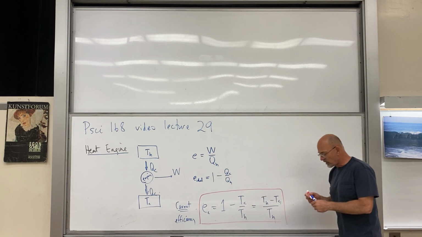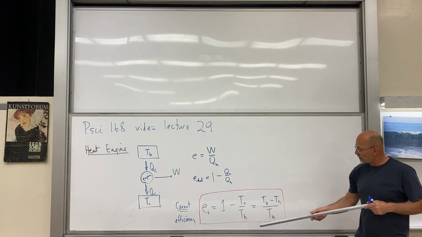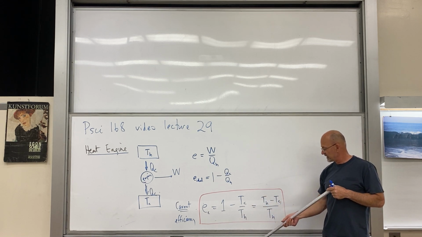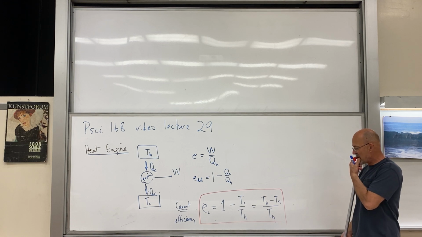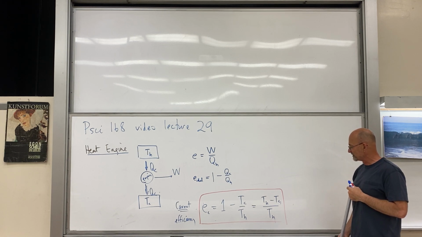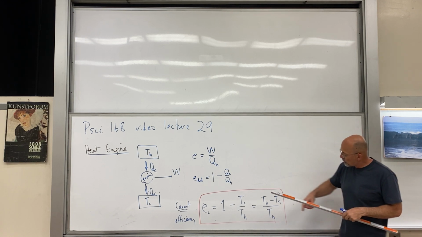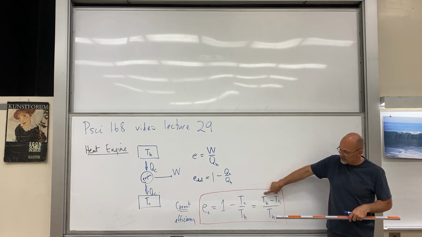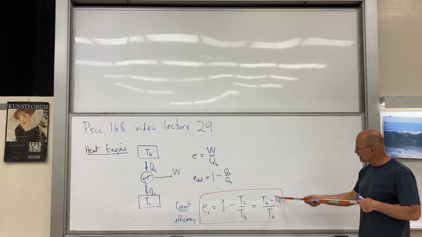In this second form, we see really explicitly, if we want to get the highest efficiency, we have to have a large difference in temperatures. Okay. The difference in temperatures has to be large.